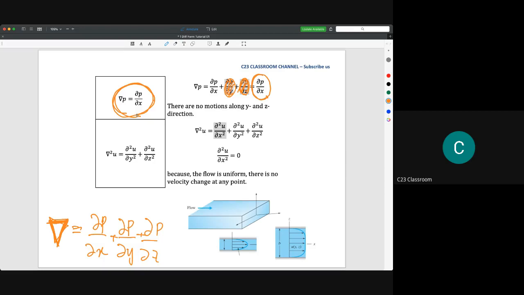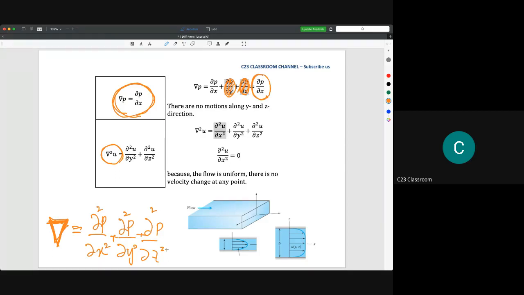And then we have the nabla square u here. Nabla square means you have the square here. Everything is squared because it's nabla times nabla. So you have nabla square u, plus nabla square u for dy, nabla square u for dz.